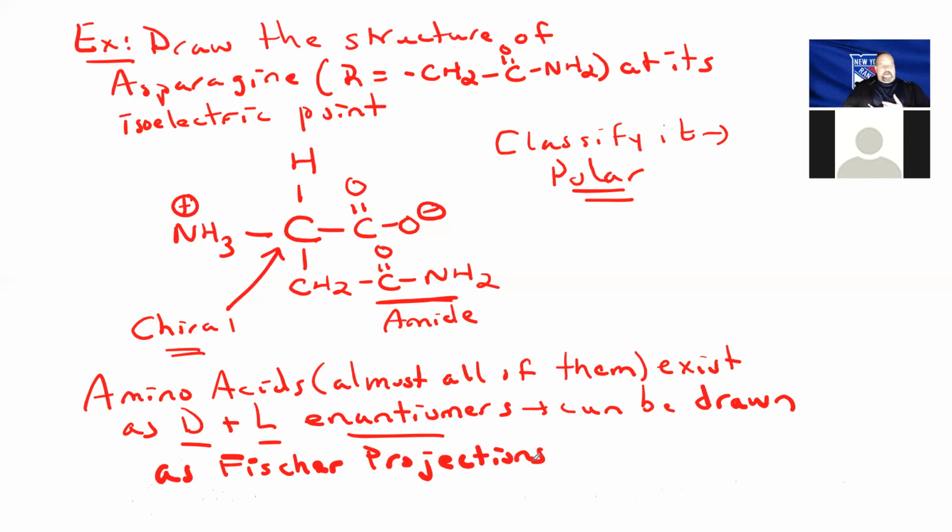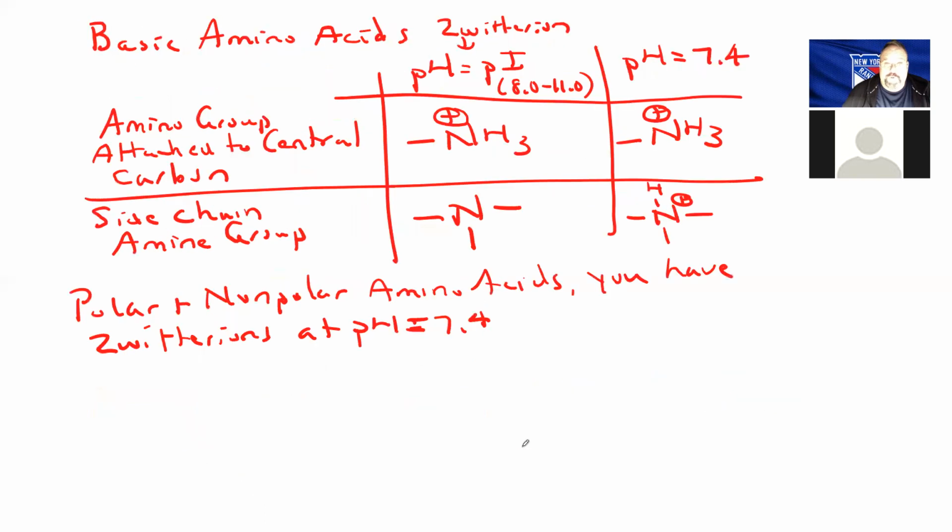Now, the goal here is not going to be for you to take an amino acid and draw a Fisher projection. But just like we did with carbohydrates, monosaccharides specifically, we want to be able to identify the D and L versions, and using the vertical mirror, we want to be able to draw the enantiomer, the non-superimposable mirror image.